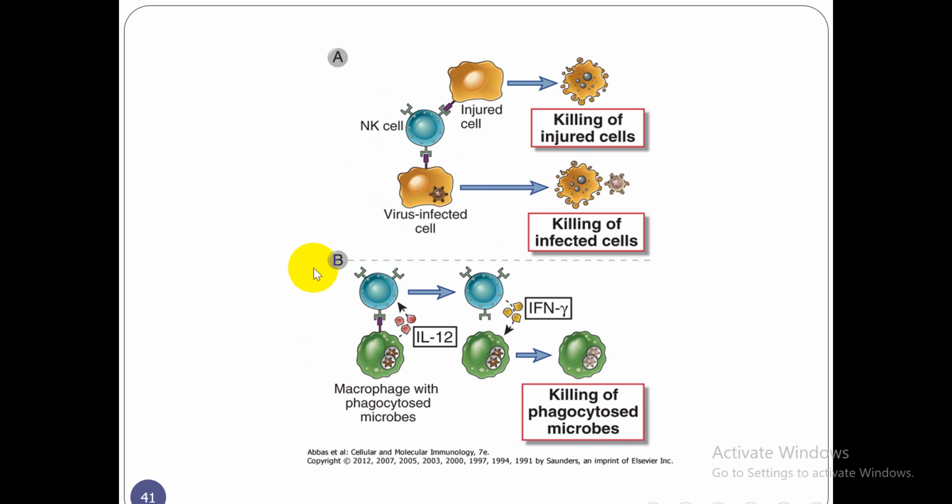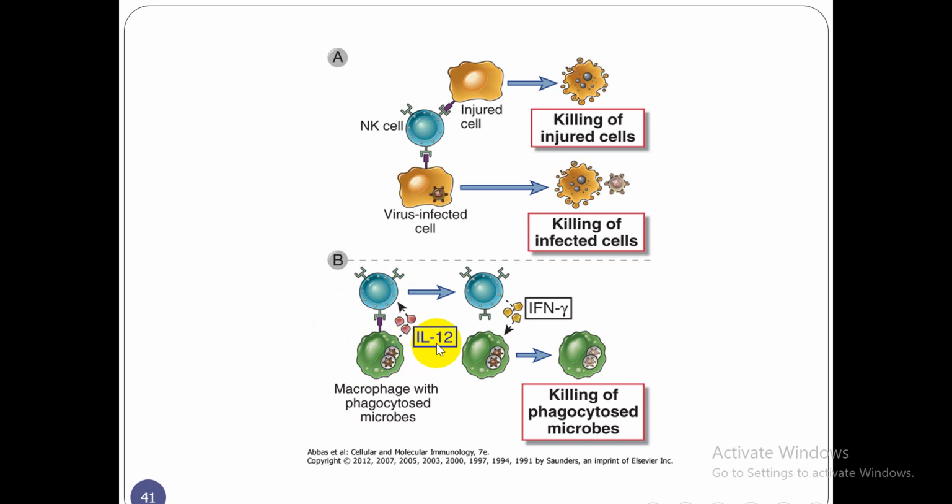Also here in row B you can see that these NK cells can produce interferon gamma, and this interferon gamma can activate the macrophage, and this macrophage after activation can kill the phagocytosed microbe. So here you see that we have an interaction between NK cell and the macrophage as two components of innate immune responses.